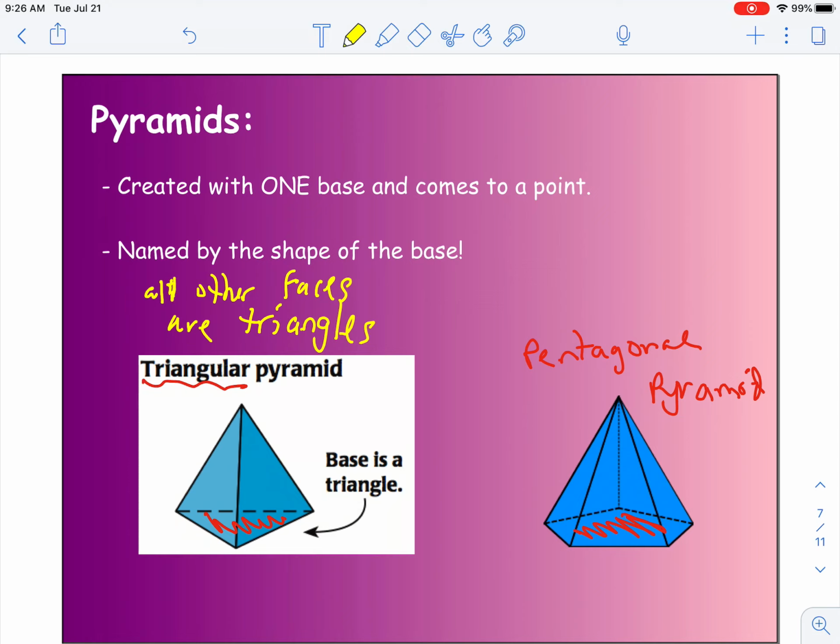So sometimes it's not resting on its base, so you have to be a little bit more of a detective and see if you can figure out what shape it is and whether it's a pyramid or a prism.